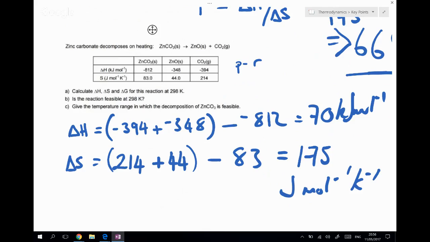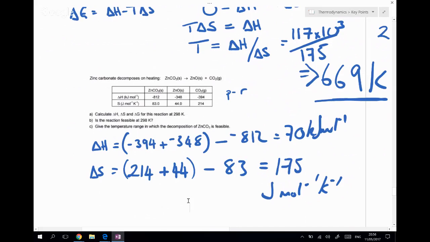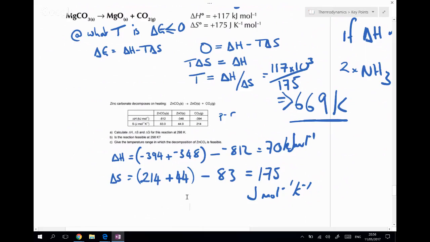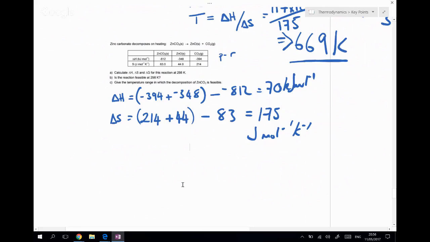Then to work out delta G for this reaction at 298 Kelvin, we now use the equation that we've been using before. So delta G is equal to delta H minus T delta S. We've been given a value here at 298 Kelvin, so we're 70 kilojoules per mole. We could convert that here to 70,000.